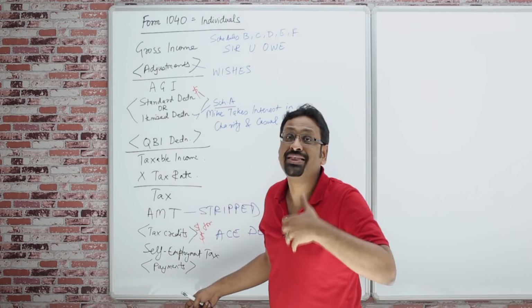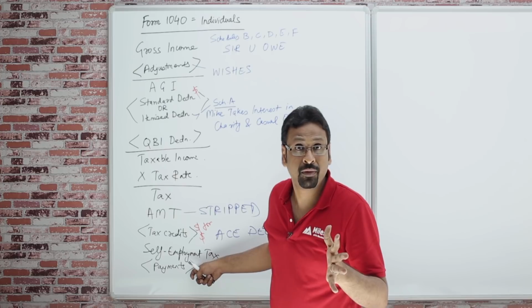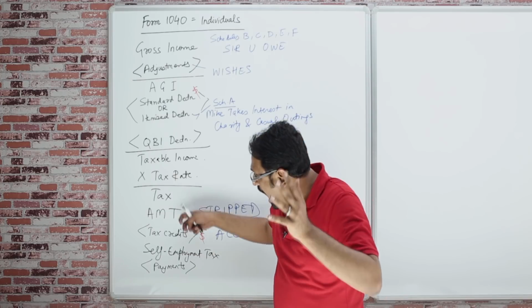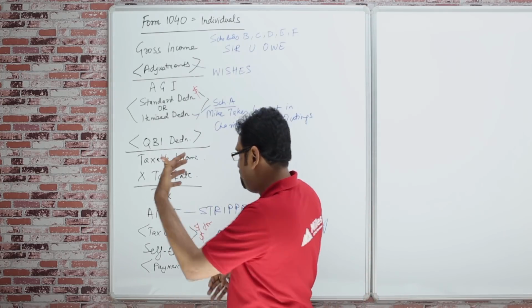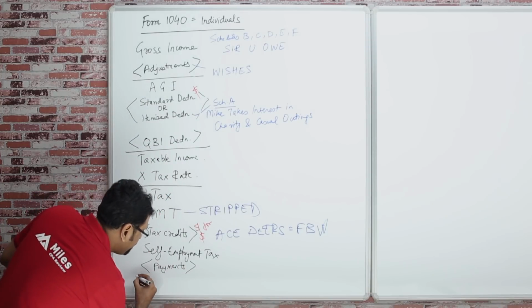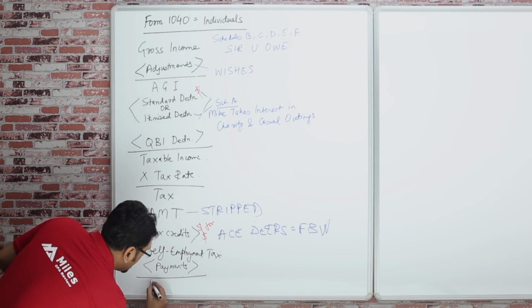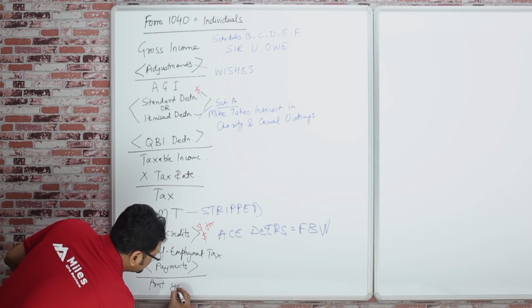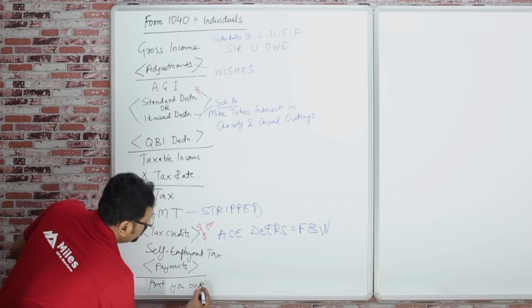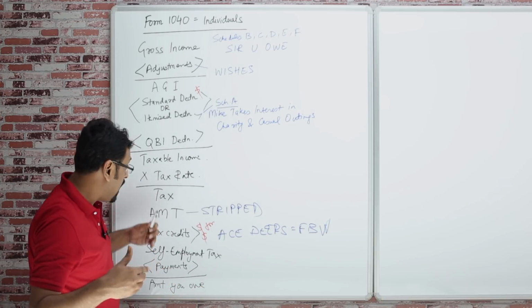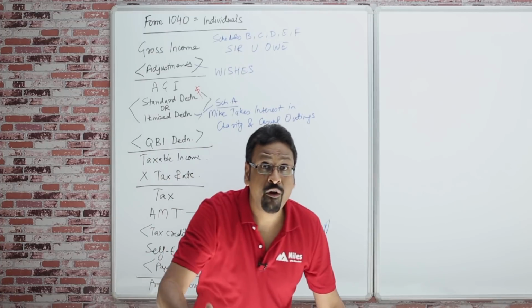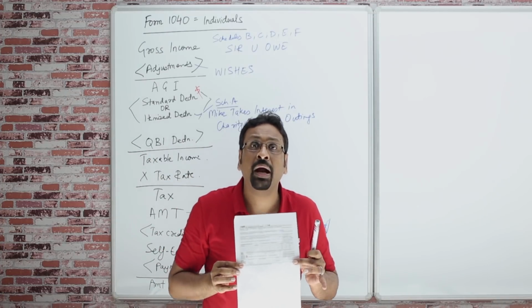That's a withheld tax payment. And after all these pluses and minuses, we finally get to the amount of taxes that you owe to Uncle Sam, the amount that you owe when you're filing your Form 1040.